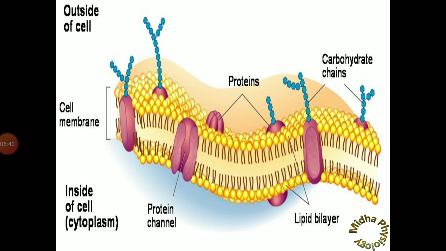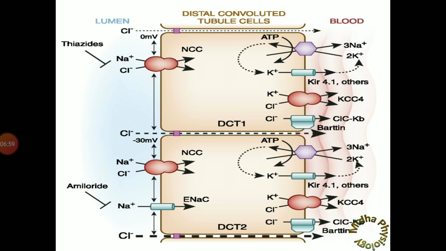And if this protein is a pump, there will be direct utilization of energy, and the transportation is called primary active transport, or sometimes there can be secondary active transport with the help of symporters or antiporters. Like you can see here, this is the luminal side, and on this luminal side, sodium and chloride are trying to be reabsorbed, okay?